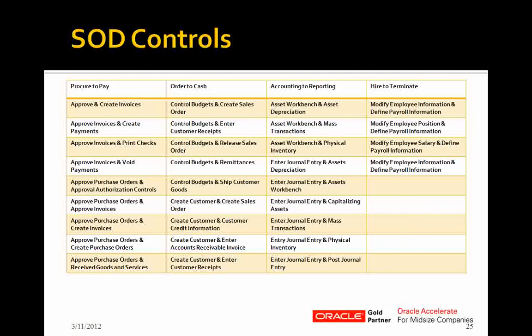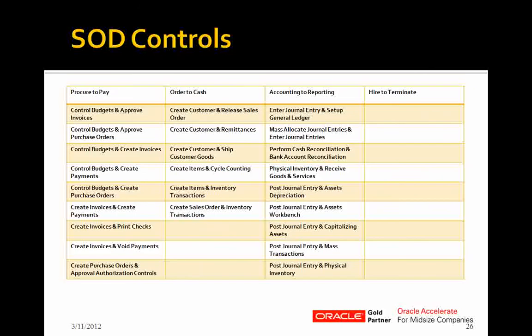And you'll see there are many ways within Oracle to approve an invoice or create an invoice, or to create a purchase order, there's just a number of different functions. So anyway, these are some of the SOD controls that we use for the analysis, and you can look through the other ones here.